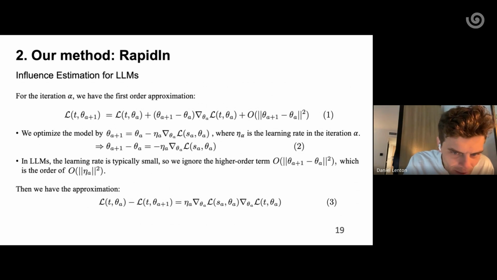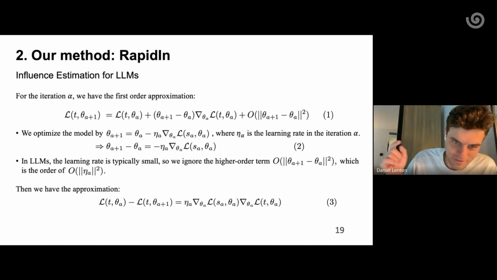So I understand the Taylor series expansion. We can obviously ignore the higher order terms. Then we optimize the model so that the difference in the weights is determined by the learning rate. We take the gradients, so the difference in weights equals the gradient of the loss function with respect to those weights, for a single example.